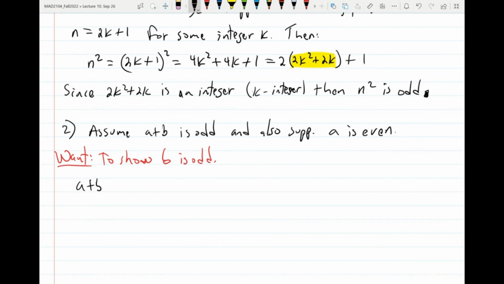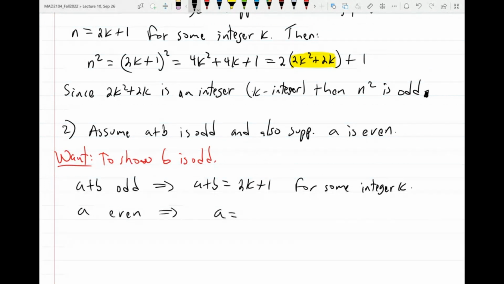Well, A plus B odd implies that A plus B can be written as 2k plus 1 for some integer k. Then A even implies that A can be written as 2 times n for some integer n.